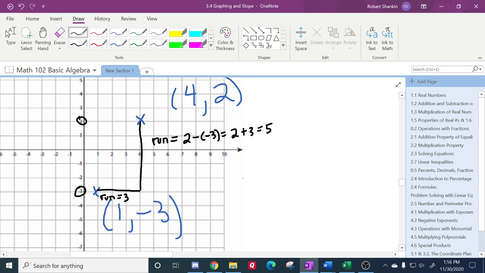And then the slope, we use the letter M for the slope. It's the rise over the run. 5 over 3. So this one doesn't reduce, so we'll just leave it like that. Rise over the run is 5 over 3.